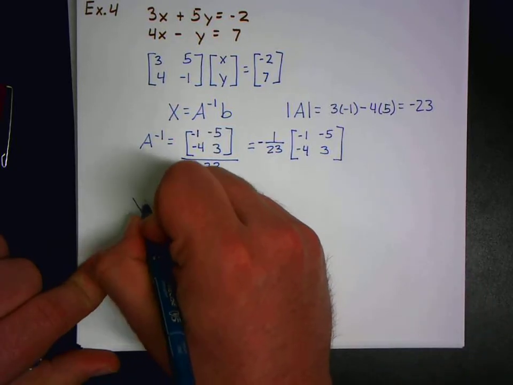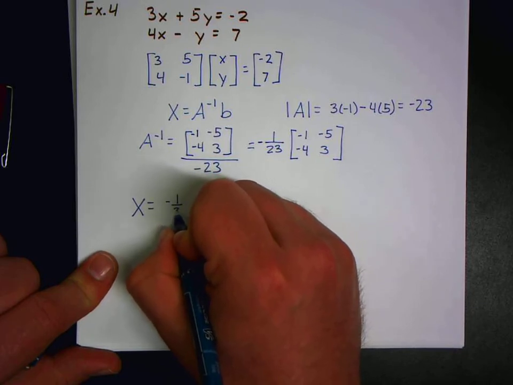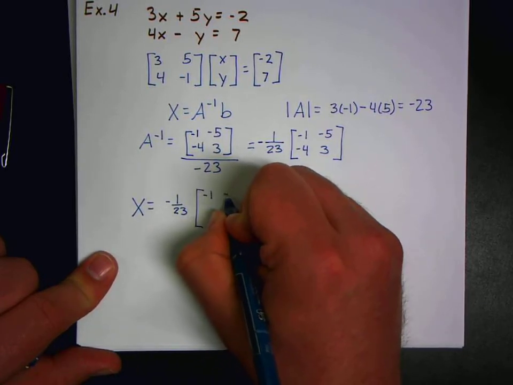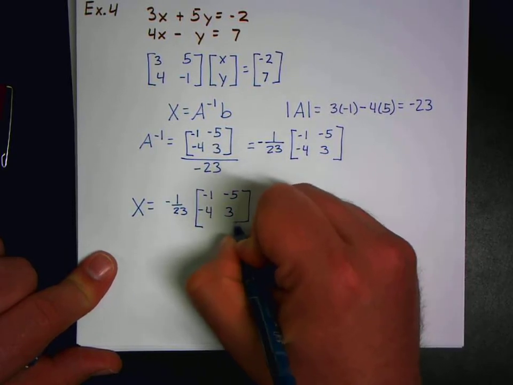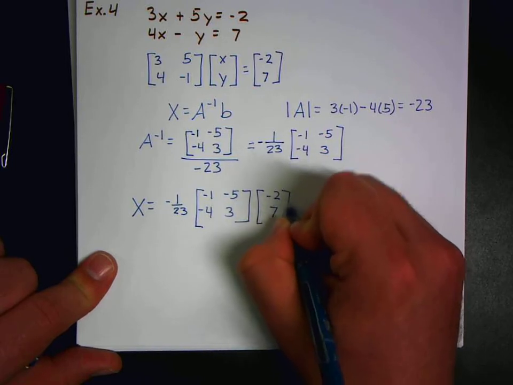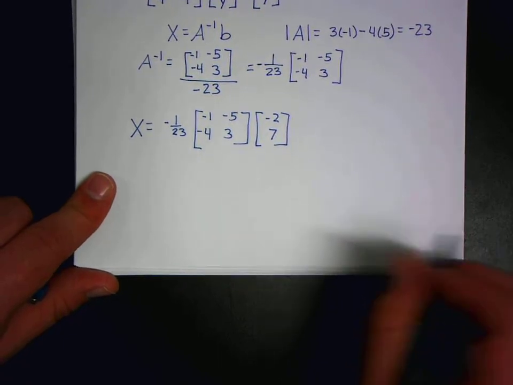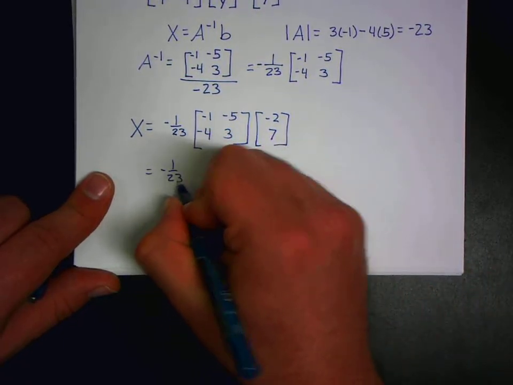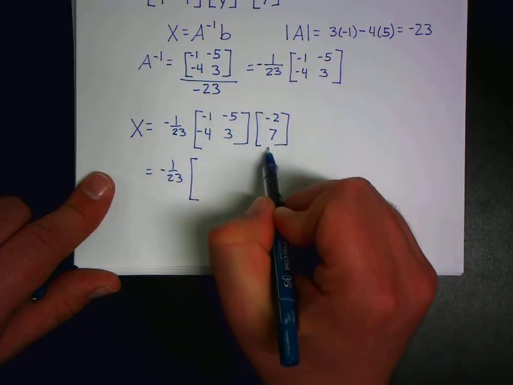So x equals -1/23 times -1, -5, -4, 3 times -2, 7. Okay, so that equals -1/23. Okay, I do my multiplication, so row times column.